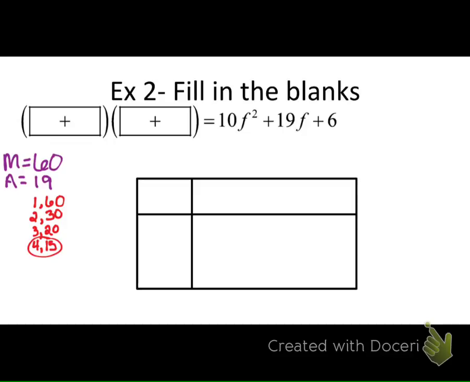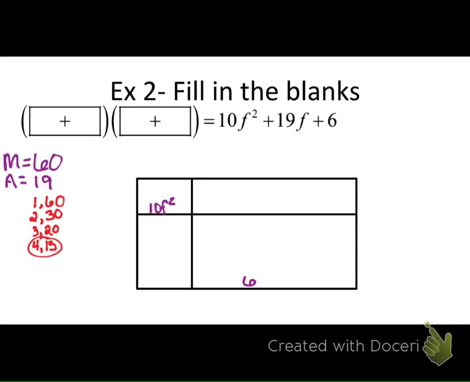All right, so now we can plug in the numbers that we have. Remember that our 10f squared is going to go up here. Our 6 is going to go in this bottom box. And our 4 and our 15 can either go here or here. It doesn't matter which one you put those in.